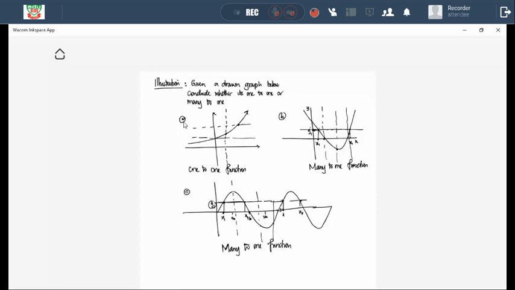So x1, x2, x3, x4, they are all mapped onto what? y1. x1 brings out y1, x2 brings out y1, x3 brings out y1, x4 brings out y1. So it means this is going to be what? A many to one function.